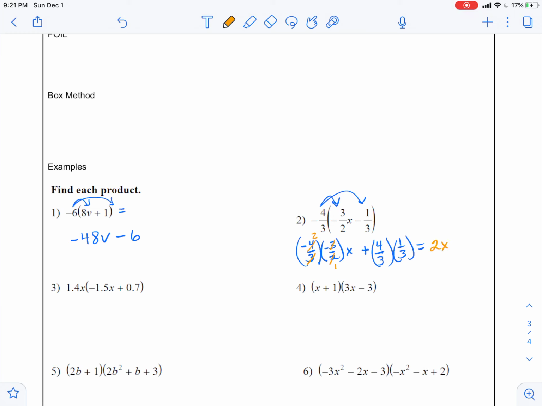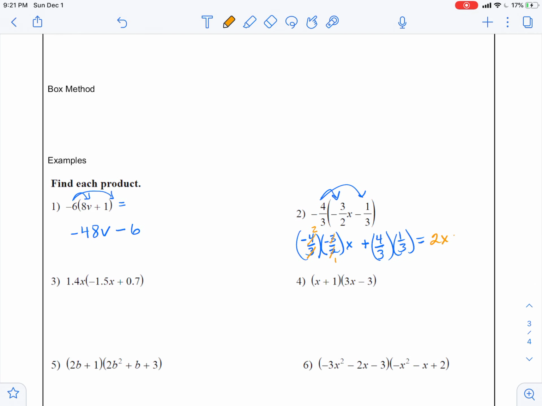And then on my second one here, this one's not going to cancel, so 4 times 1 is 4, 3 times 3 is 9. But be able to do distributive property with fractions, and then next below is with decimals, also be able to do it with decimals. And so again, we would just need to come in and multiply these out. Let me grab my calculator real quick.